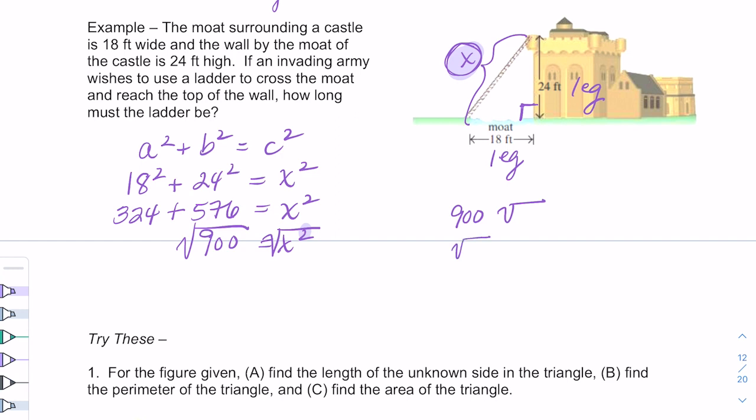Other calculators, you would hit square root and then 900. So it just depends on what kind of calculator you have. But when you take the square root of 900, you end up with 30. So that's how tall the ladder would need to be, at least 30 feet high, in order to reach the top of the castle.